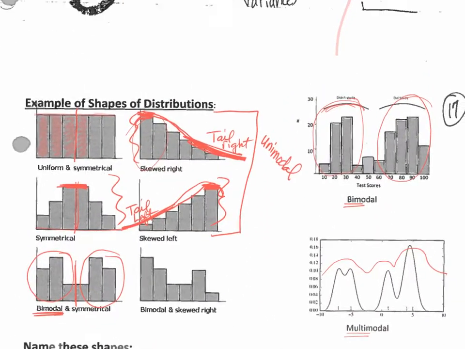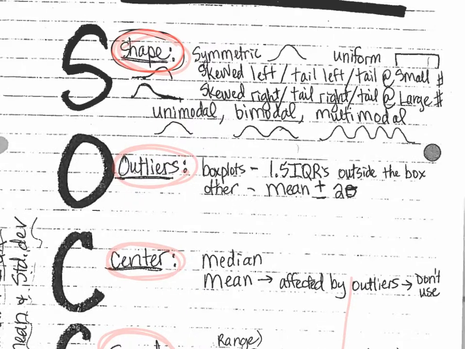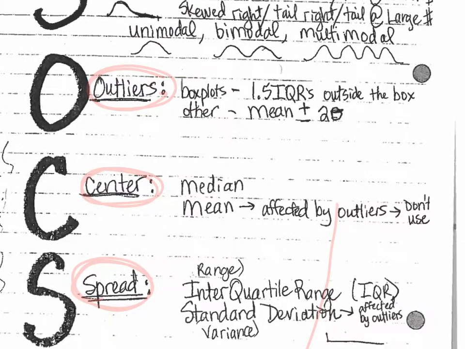Now, let's take a look at the outlier. If we have the lower fence for the IQR rule, we've already learned that one. So the lower fence, the lower outlier fence, is Q1 minus 1.5 IQRs.